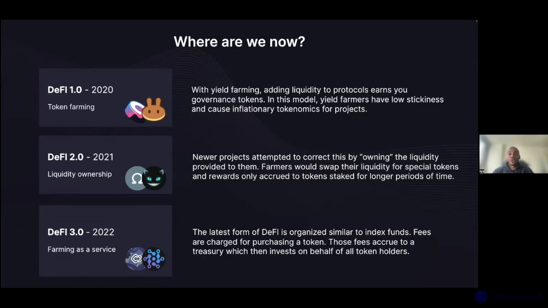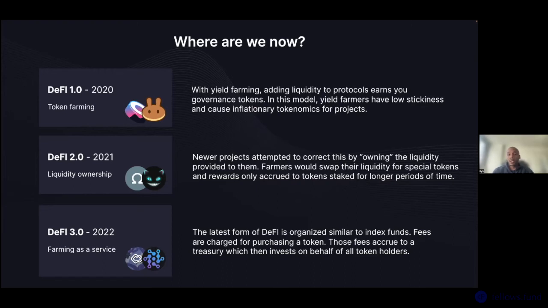So for DeFi 2.0, newer projects really attempted to solve this by changing their liquidity program. Olympus DAO is a good example of this. They aimed to do what they call controlling their own liquidity. How that worked is you would deposit the liquidity you provided to other assets.